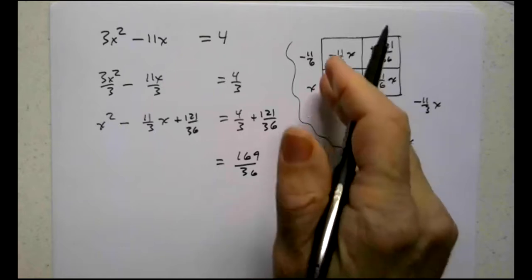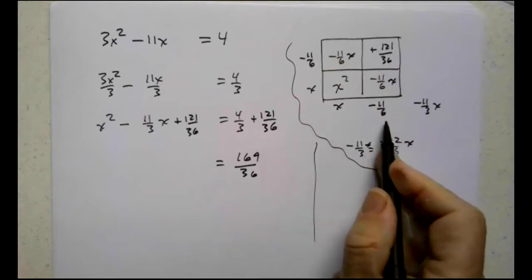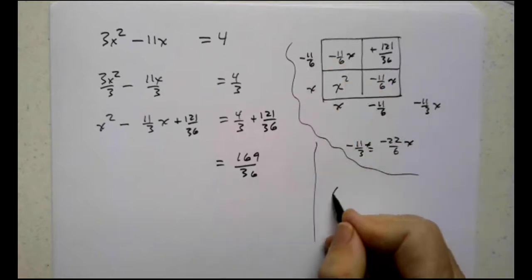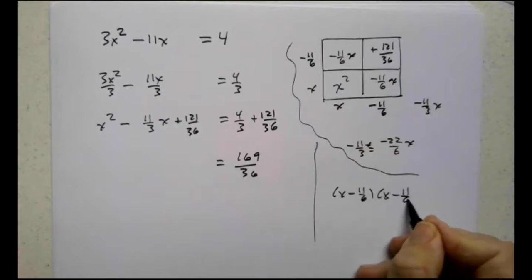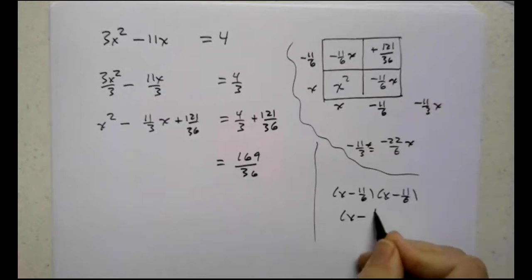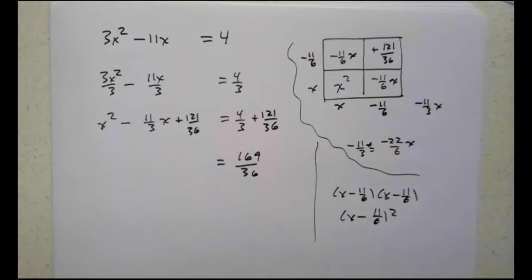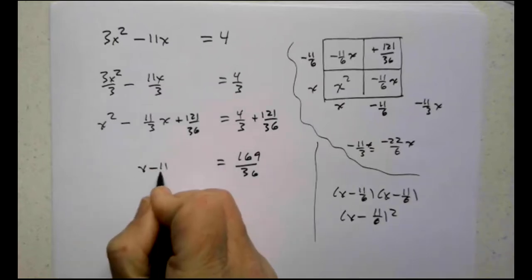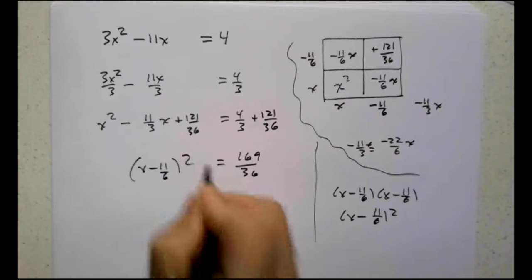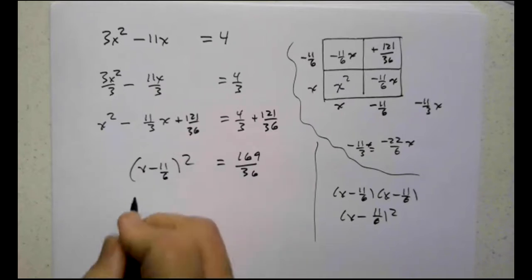The left side, what do we have here? x minus 11/6 times x minus 11/6, which is the same thing as x minus 11/6 squared. So we take the square root of both sides.